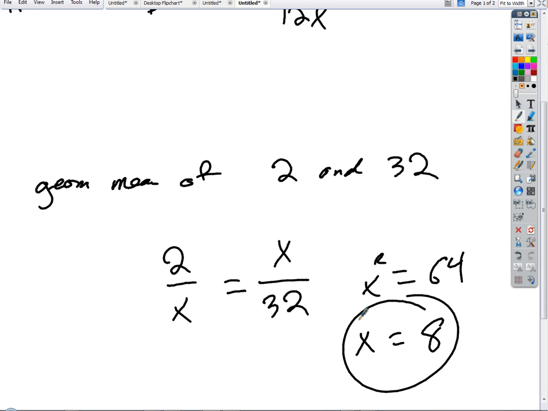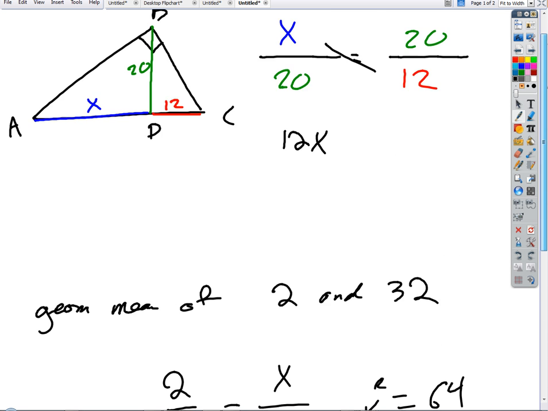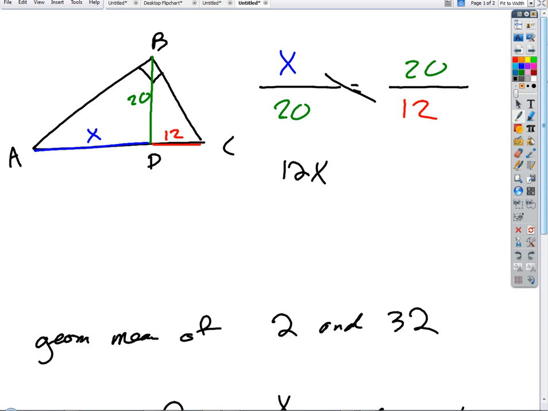That's the geometric mean. Well, that's what we're doing here with these problems too. We write the geometric mean first, and then the other two pieces take the other spots in the proportion, and from there on out, you guys are pros at that. We've done that a ton now in chapter 8. Solving proportions is easy. You just cross multiply and get 12x equals 20 times 20, which is 400.